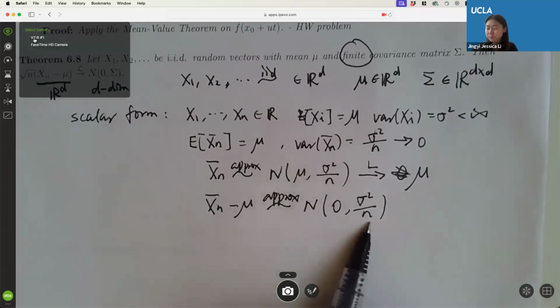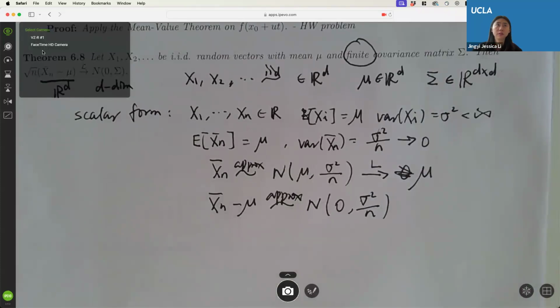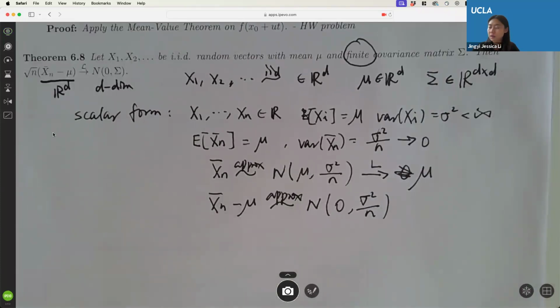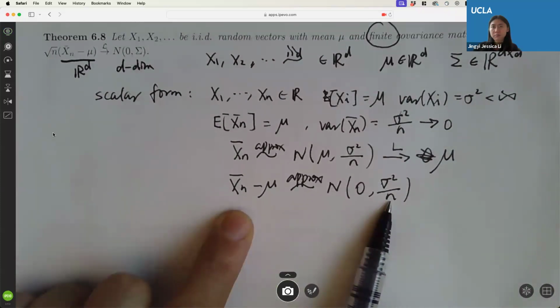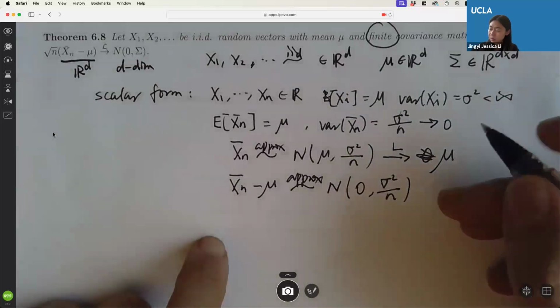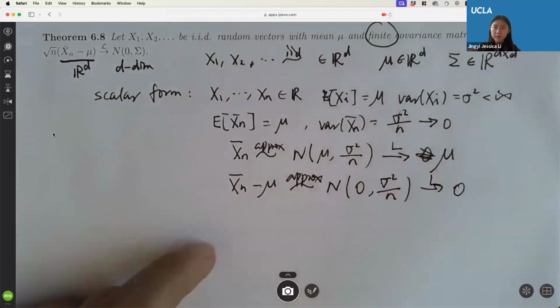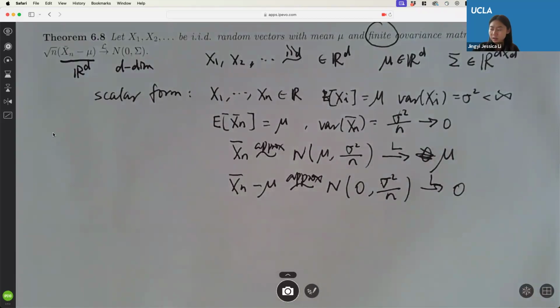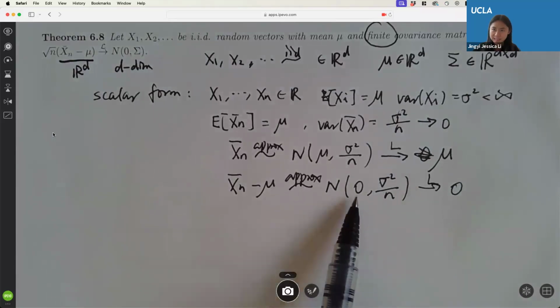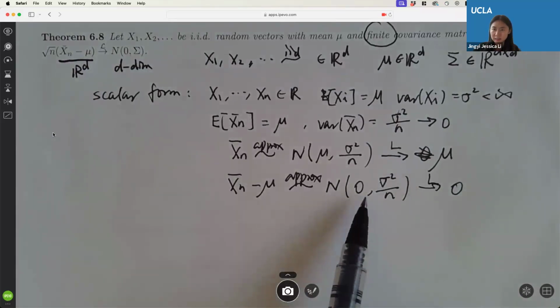This is by the shifting property of a normal distribution. Okay, but the right-hand side is still going down to a point mass at 0, right? This problem is still not solved, but we can now apply the scaling. And you know the scaling doesn't change the center at 0. That's the nice thing, because we are now centered at 0.